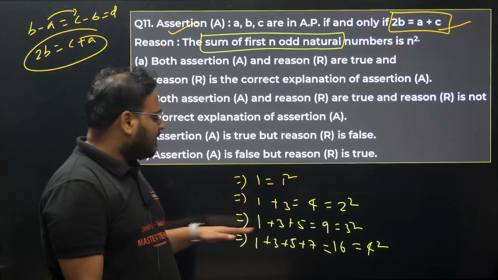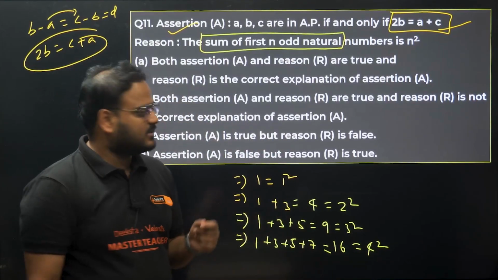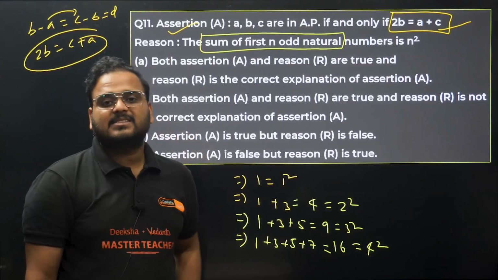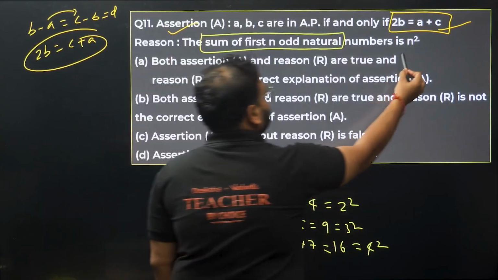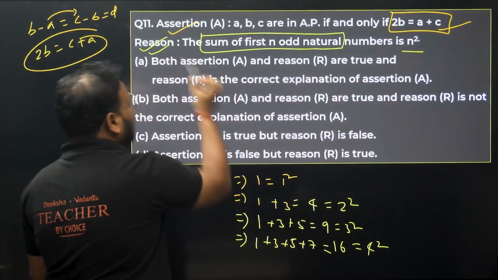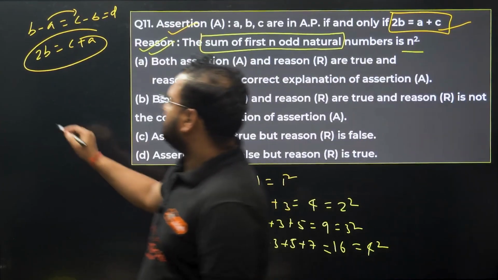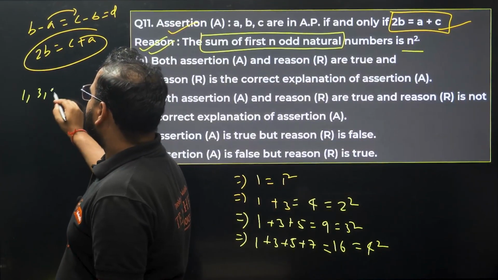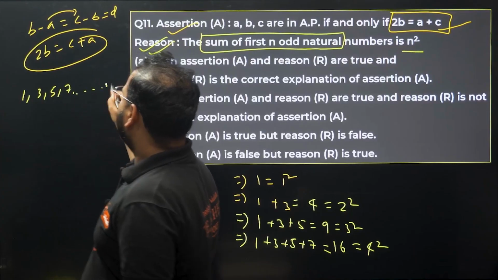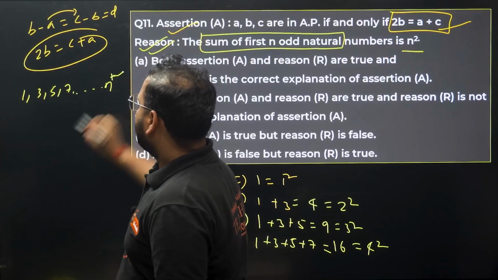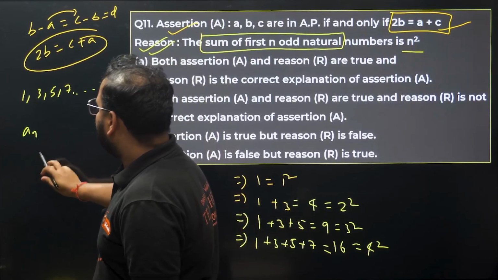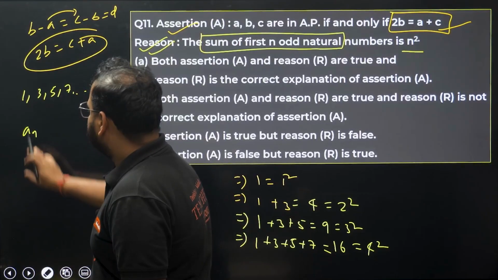For the sum of the first n odd numbers, if you add them, the answer is coming as n square. Okay, so this is true. Now you can actually use this formula also. You are actually forming an AP, right? This is an AP: 1, 3, 5, 7, till n terms. Okay. So you're looking for Sn, not an.